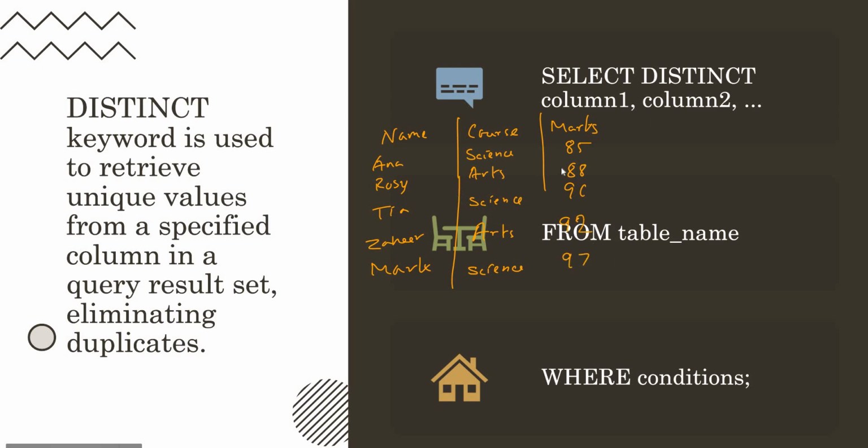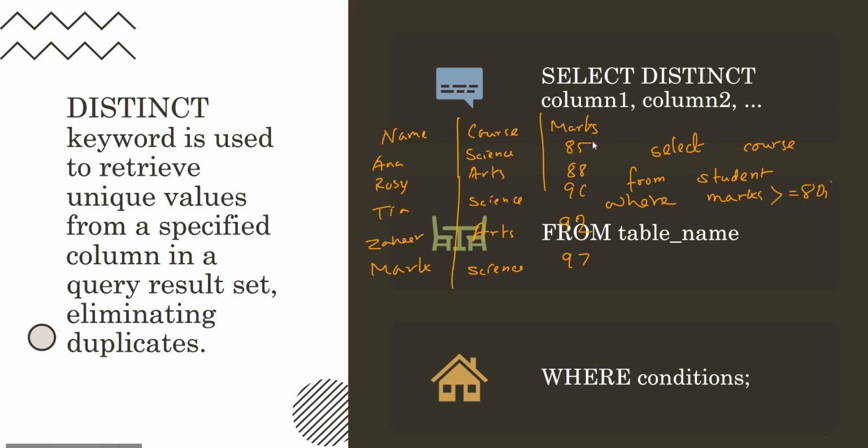If I want to view the courses of the students who has scored greater than 80, select course from followed by the table name, let's say that student, then we put the condition which is where marks greater than equals to 80.